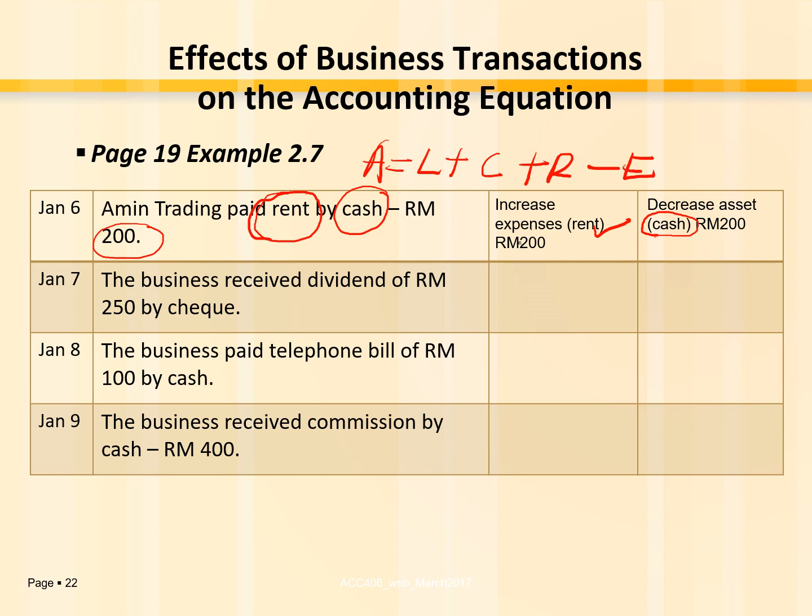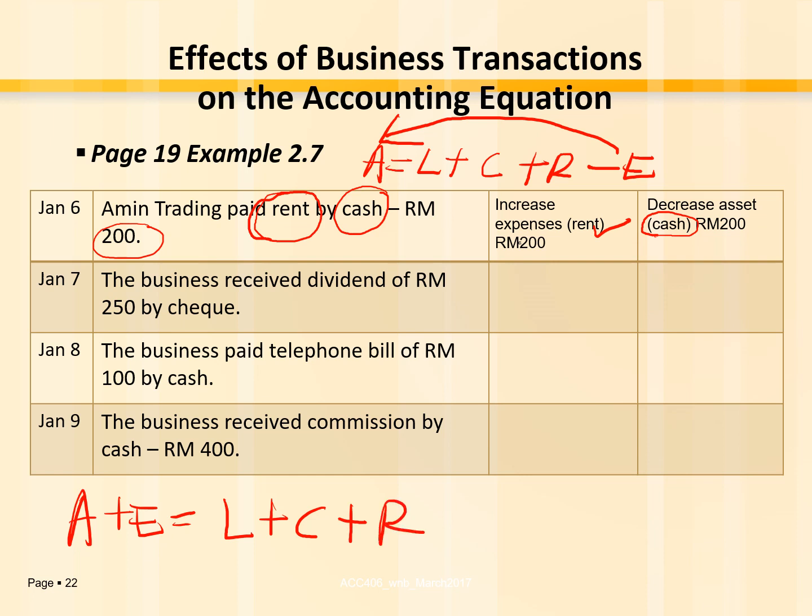So in here, kalau kita letakkan expenses ke sini, dia akan jadi asset campur dengan expenses equal to liability plus capital plus revenue.